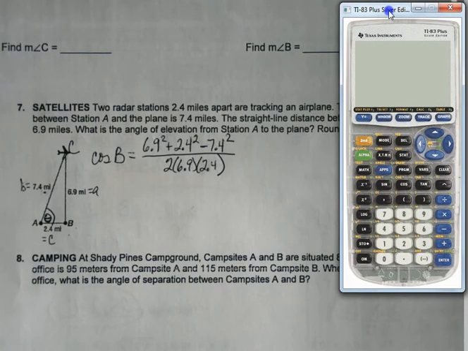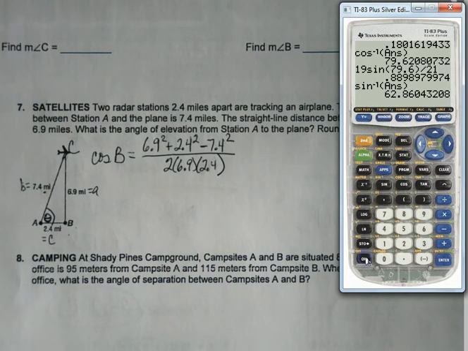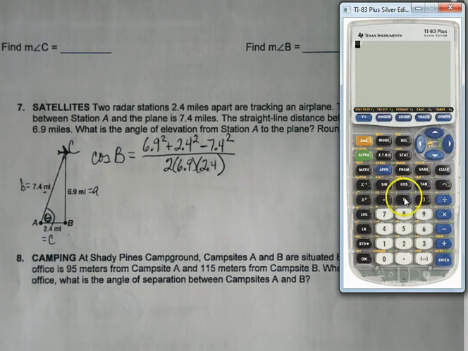And again, just using that other formula that we did, the one-liner, and then just solving for it that way, we saw that works too. We just want to get all the options out there. So 6.9 squared plus 2.4 squared minus 7.4 squared, and then 2 times 6.9 times 2.4.